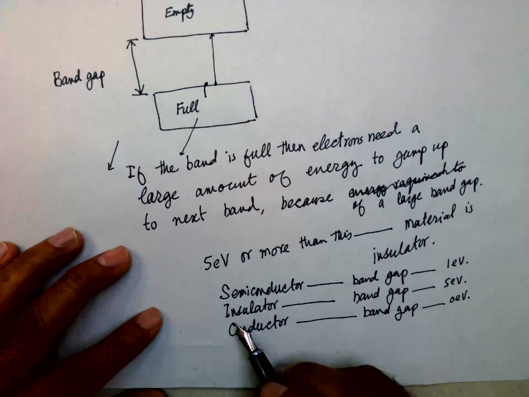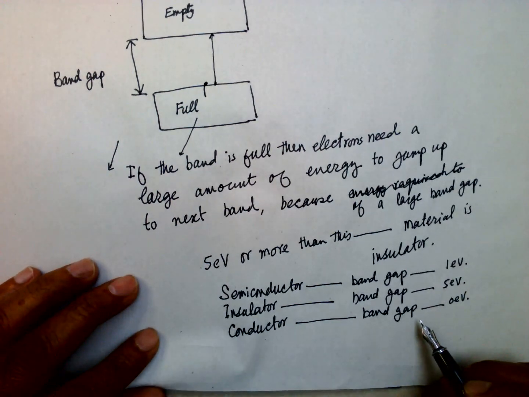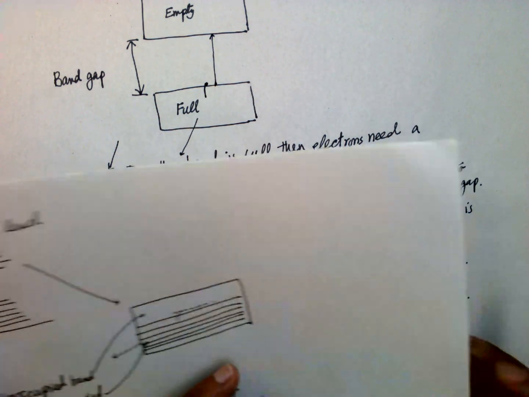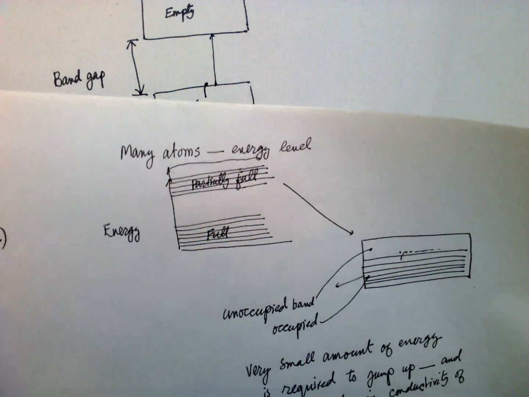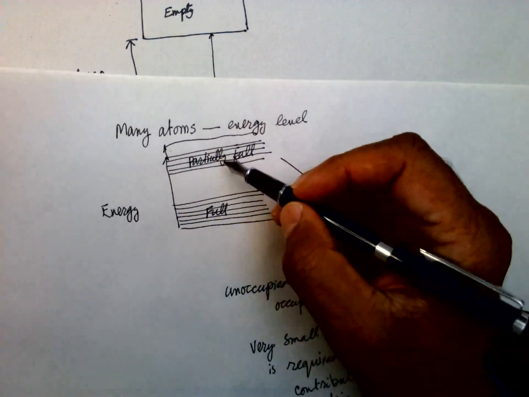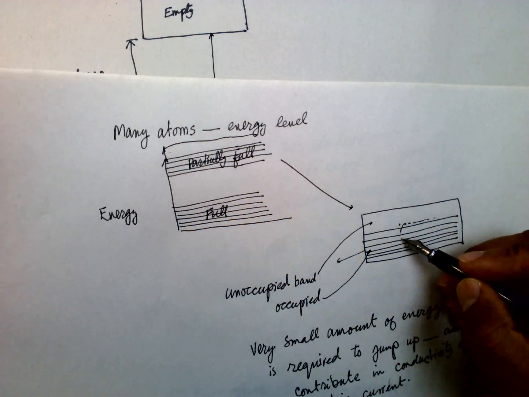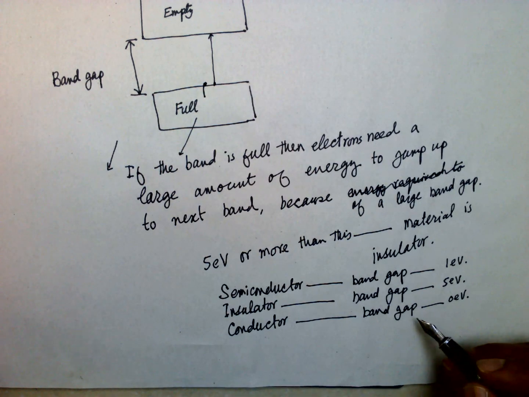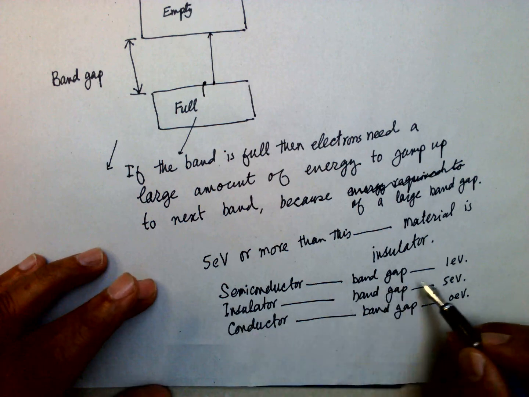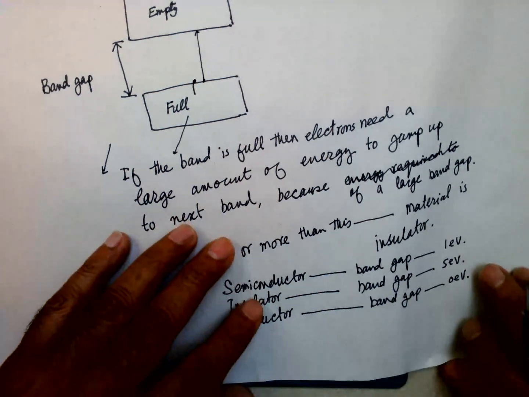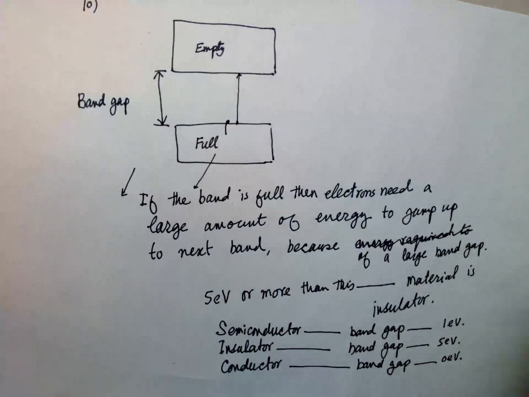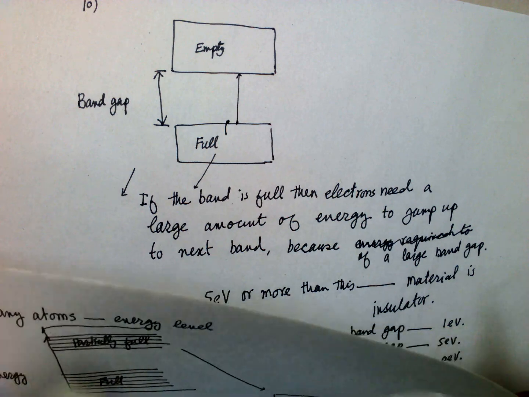If there is no band gap, then it is a conductor, and for the semiconductor, the band gap is in between, about one electron volt.